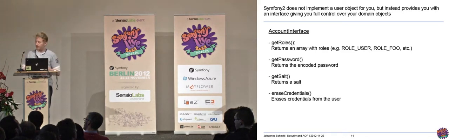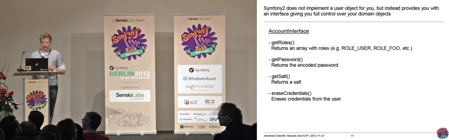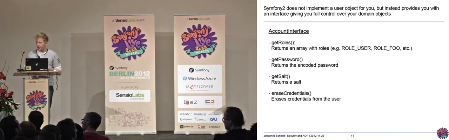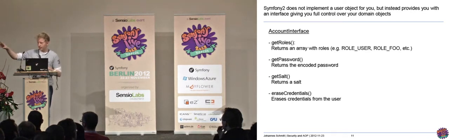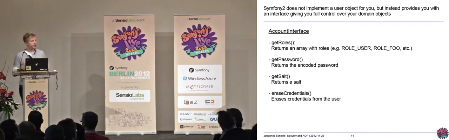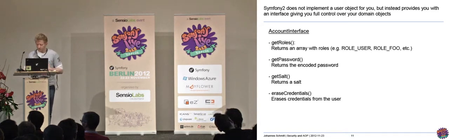The getPassword method, if you have one, which returns the encoded password. Also salt. And an eraseCredentials method where you can erase, for example, if you store the plain password during registration, then the eraseCredentials method makes sure that you can erase it before we store the user into the session.